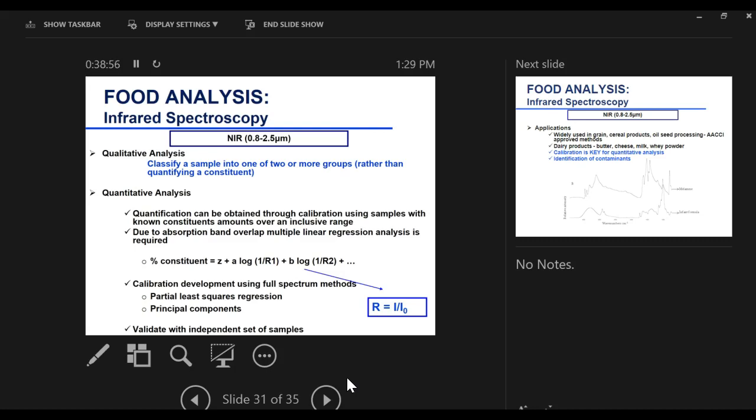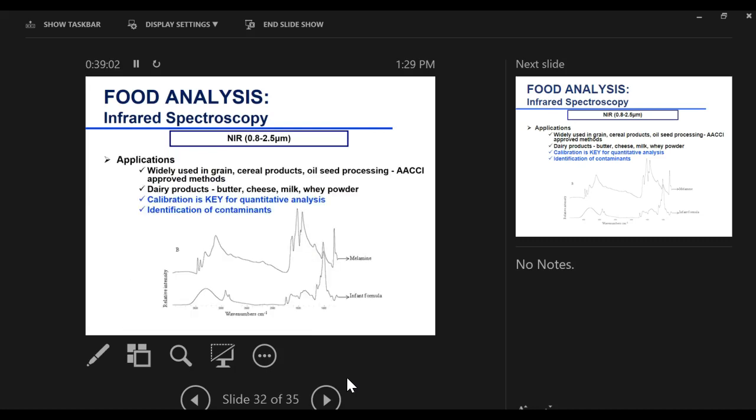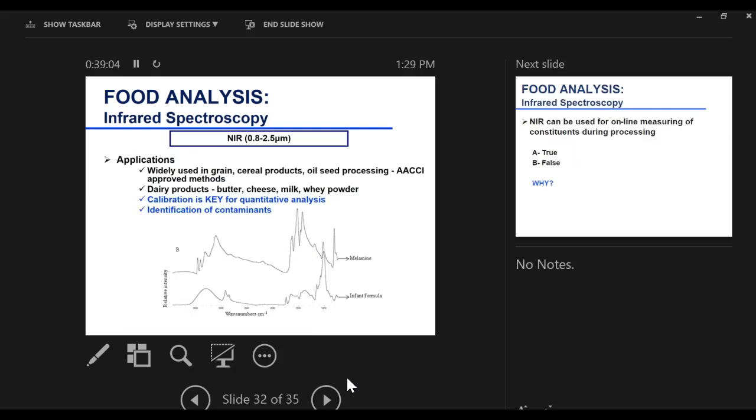If you look at applications, this is the example where I showed you that you can do forensics and look at pure melamine, which is a contaminant that was added to infant formula to add nitrogen content to falsely tell you that it has higher protein. However, the melamine IR spectrum is very unique.